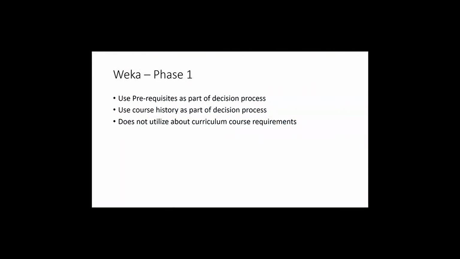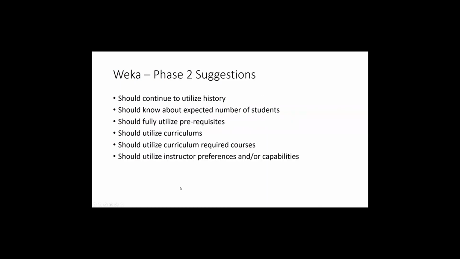To wrap up the demonstration, I would like to say a few words about WECA. We use prereqs as a seeding process to embellish the course history so that WECA was able to provide more information. However, it does not utilize any kind of curriculum course requirements. As far as phase 2 is concerned, we feel it should continue to use the course history, as well as it would be helpful to know about the expected number of students.